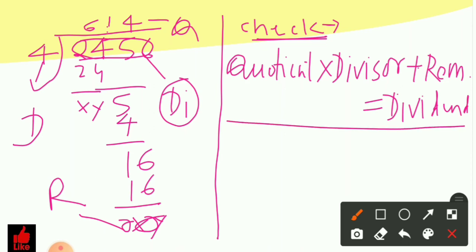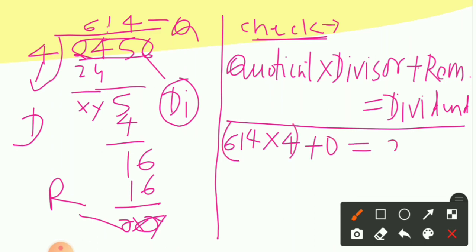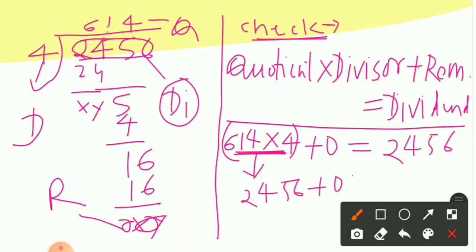So now put in their values. Quotient is 614. So we have to multiply with divisor. So what is our divisor? That is 4. And remainder? What is remainder? That is 0. And it should be equal to 2456. So now let's multiply 614 with 4. So we will get 2456 plus 0 is equal to 2456.